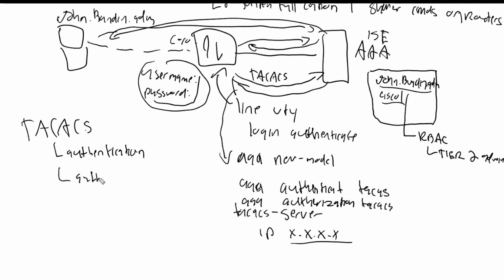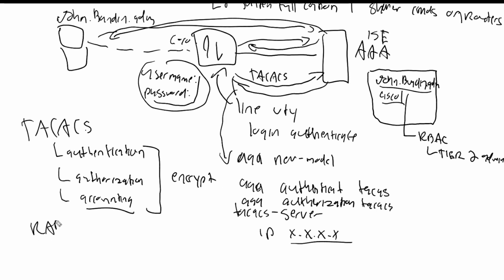And then they have their own authorization messages. So then after we get authenticated, we get sent back and forth TACACS authorization messages. And then if we have accounting enabled, that's its own TACACS message as well. And with TACACS, we can encrypt these messages, okay?